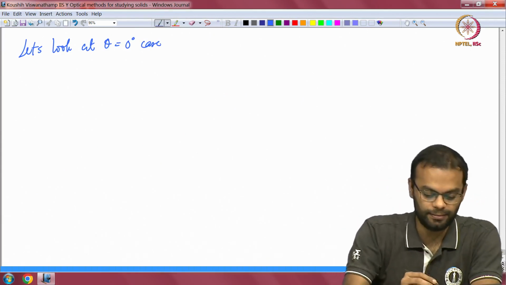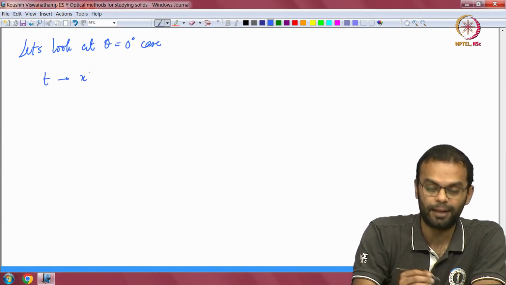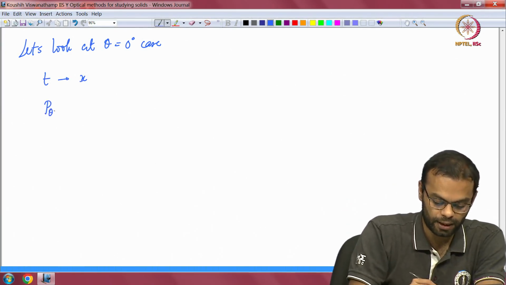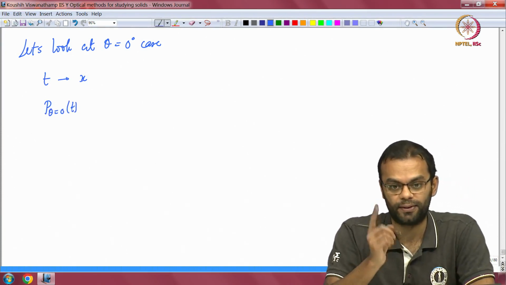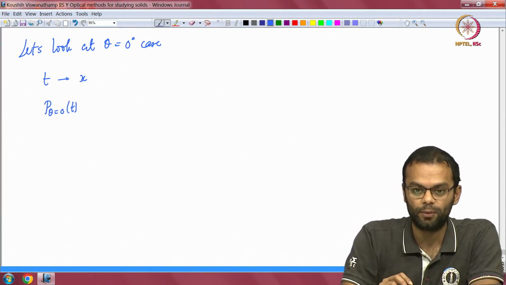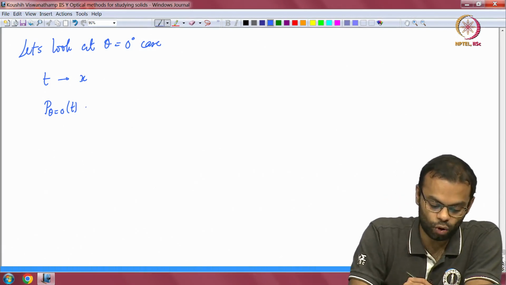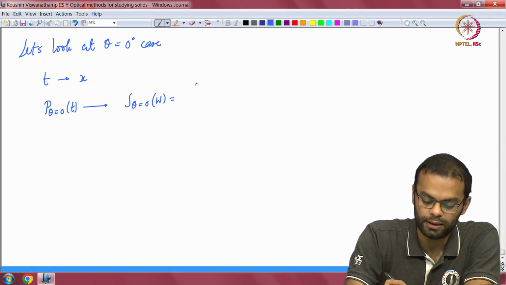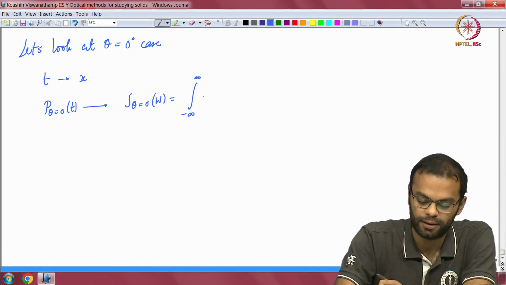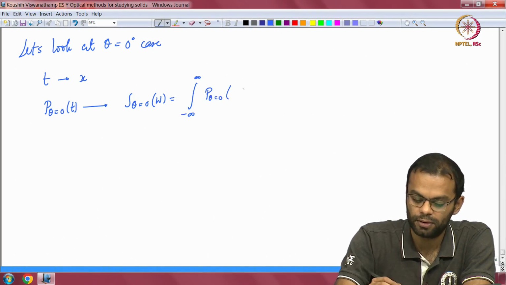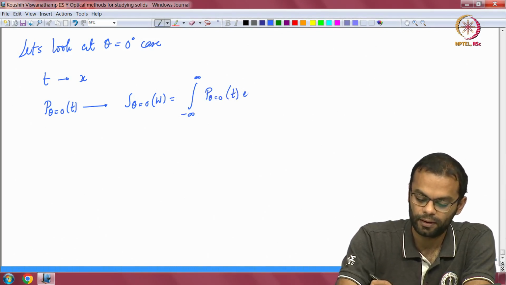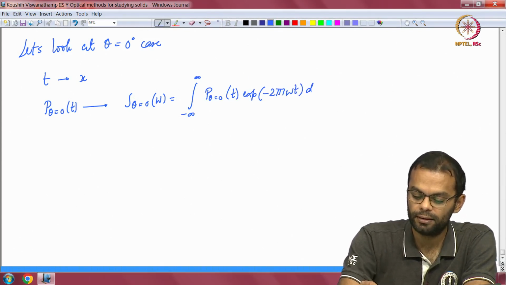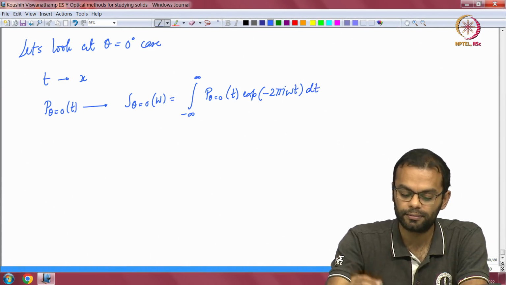okay. What happens here is of course t is the same as x coordinate, and so p theta equal to 0, remember we said this was for a fixed value of theta, right, you are taking a 1D Fourier transform for a fixed value of theta. So we will transform this, so you will get s theta equal to 0 of w is integral minus infinity to plus infinity p theta equal to 0 of t exponential of minus 2 pi I w t dt.